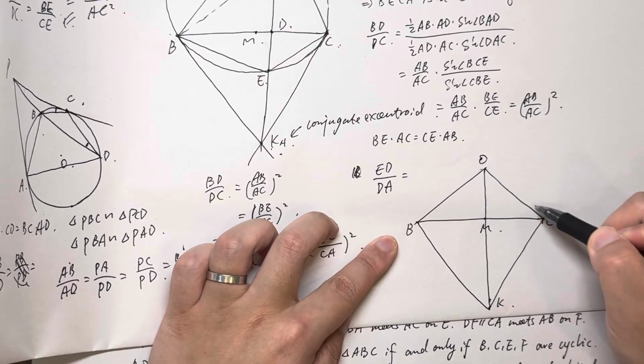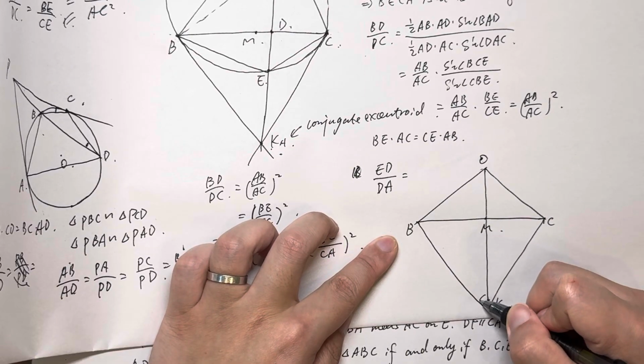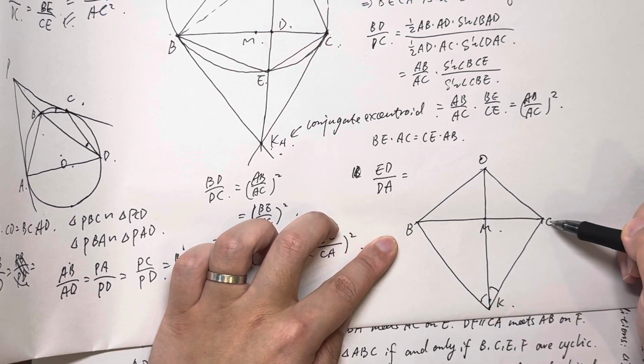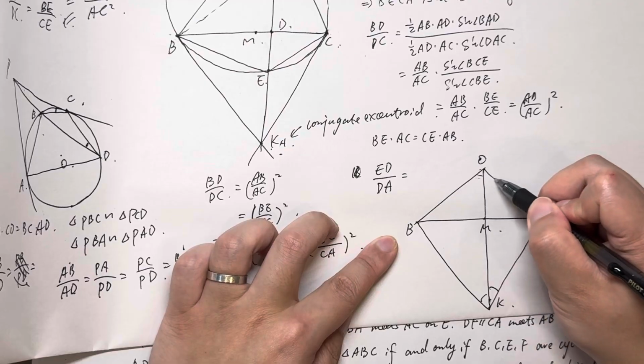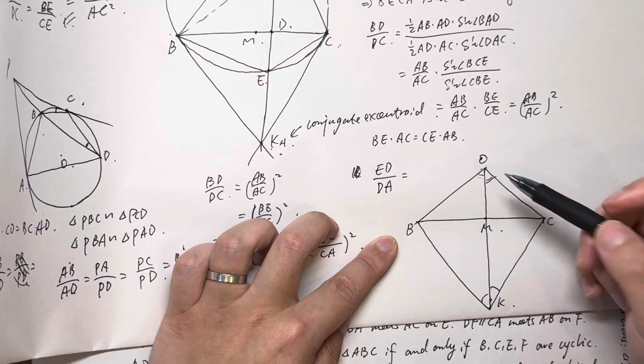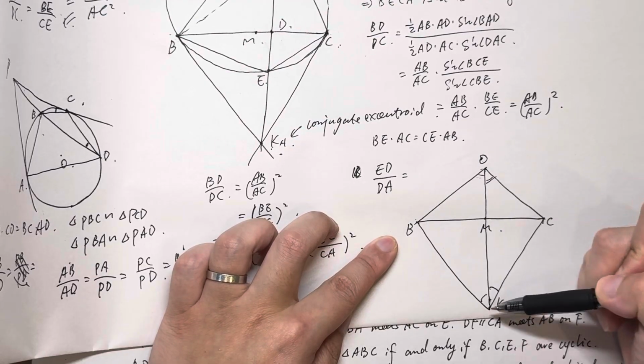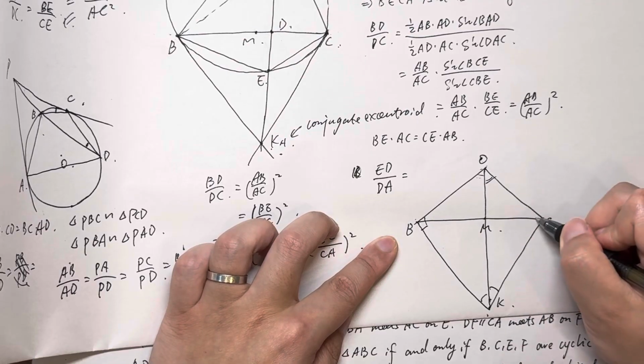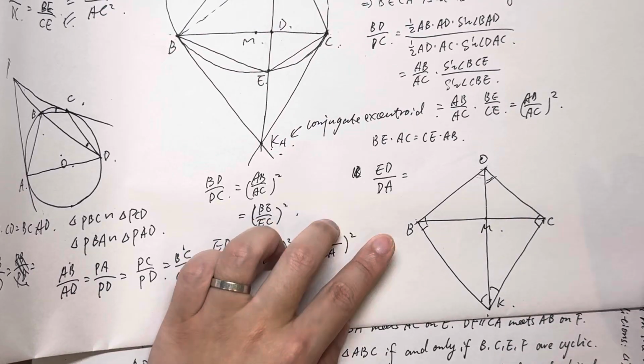OB equals OC, which means this angle equals this angle. And because M is the midpoint of BC, this angle equals this angle, which means angle OBK equals 90 degrees and angle OCK equals 90 degrees.